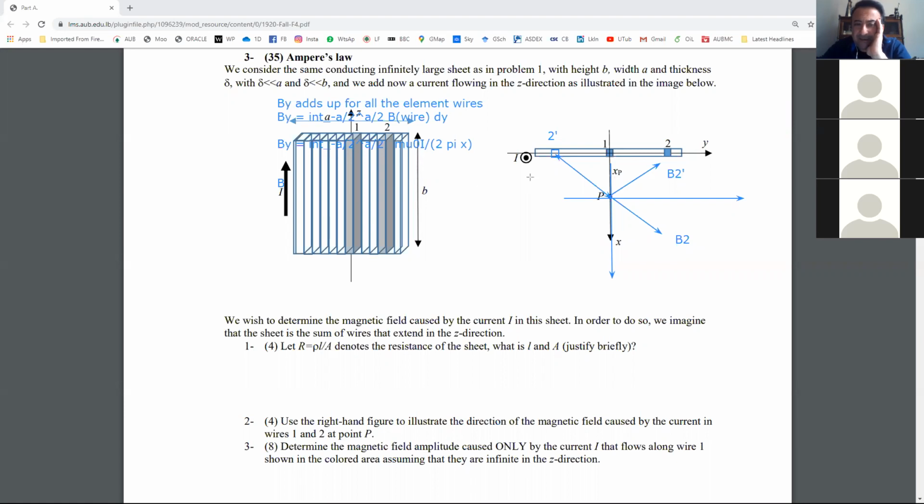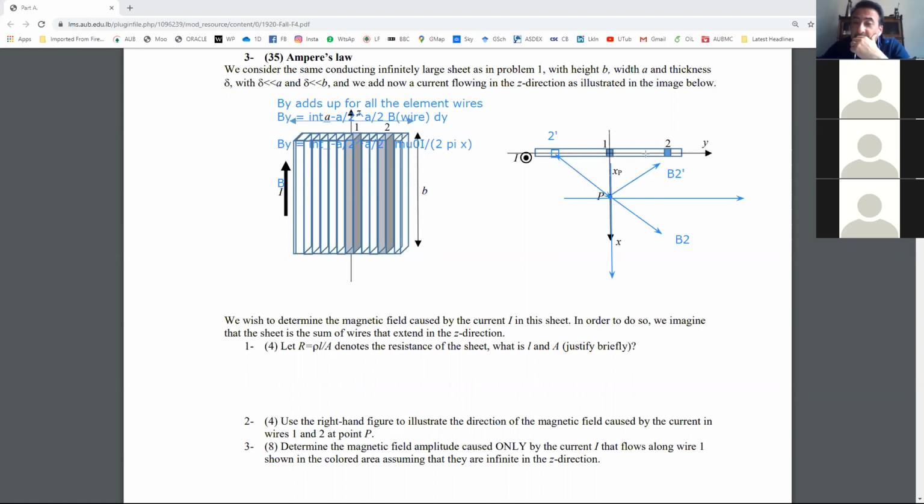When I say mu0 x, when I calculated for one wire, okay? And for one wire, the R is equal to xp. Right? Because R is where the Amperian loop is, okay, which passes by P. So R is the same as xp, okay?